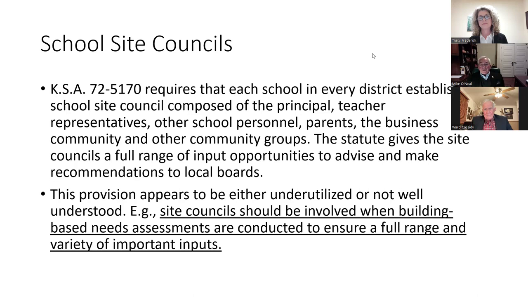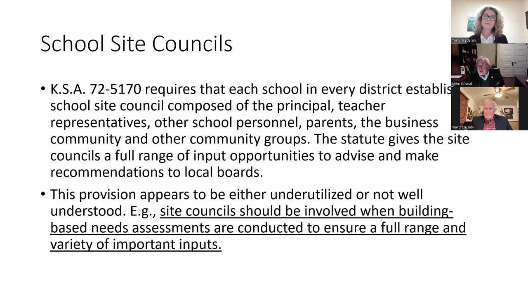This provision appears to be one that the legislature intended to have more of an impact than what we're seeing. Site councils should be involved when building-based needs assessments are conducted to ensure a full range of important inputs. And when you think about it, site councils are made up of local school boards' constituents.